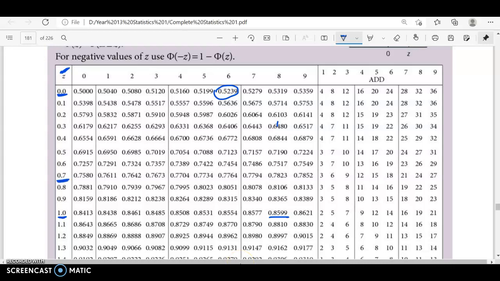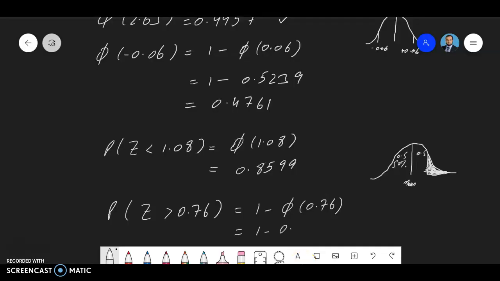So 0.76 is 0.7764, and if we subtract this from 1, we will get 0.2236.